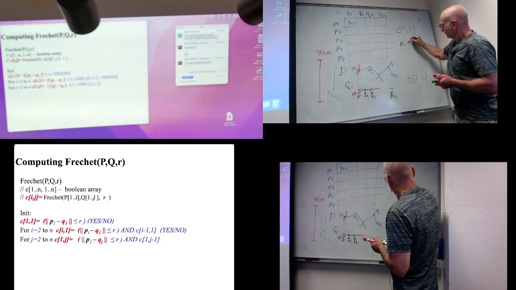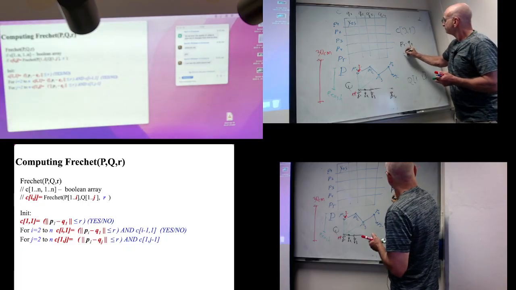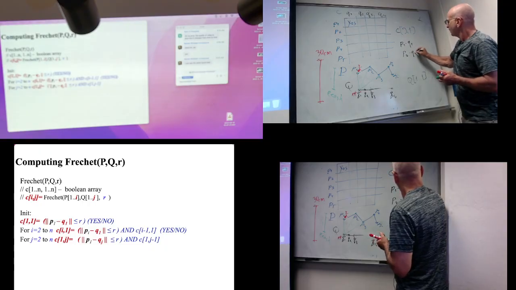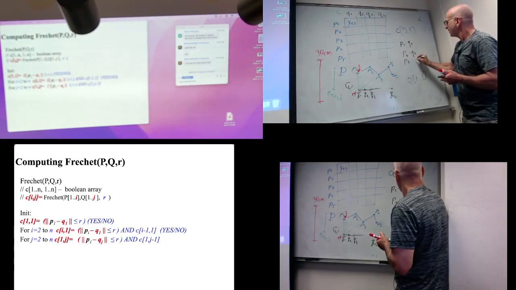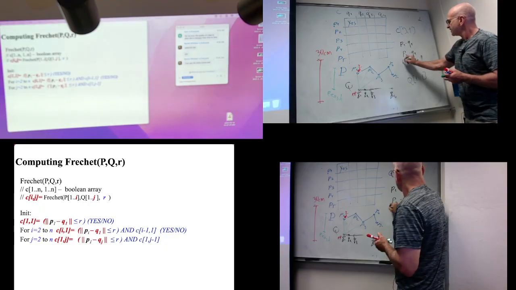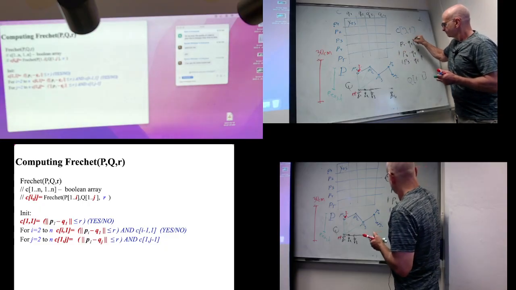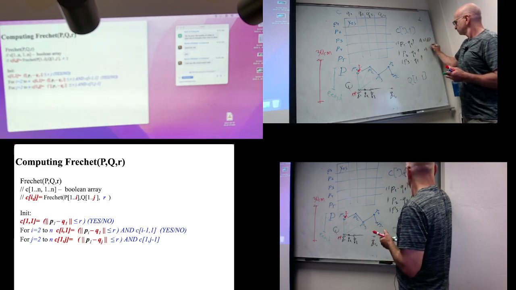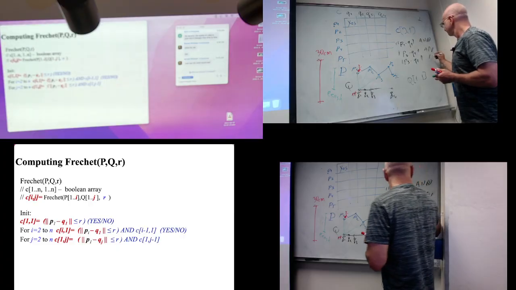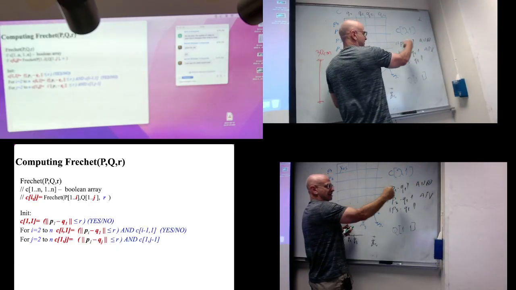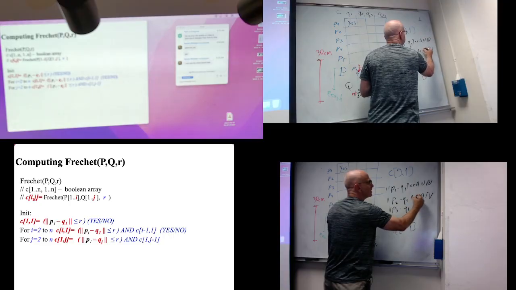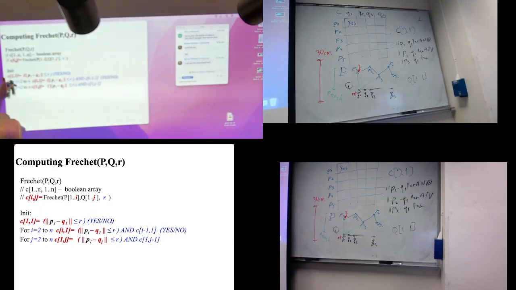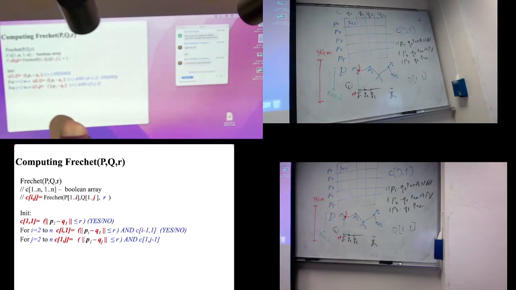P1 minus Q1, P2 minus Q1, and P3 minus Q1, these are all true, and this is smaller than R, this is smaller than R, and this is smaller than R. All three are true. This is just a compact way to write it down. So that takes care of the initialization.